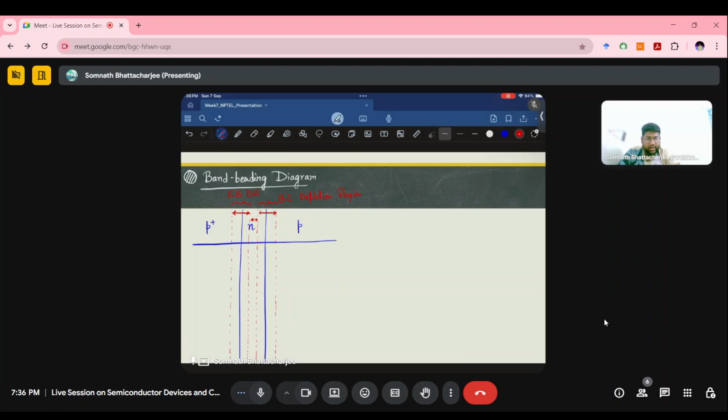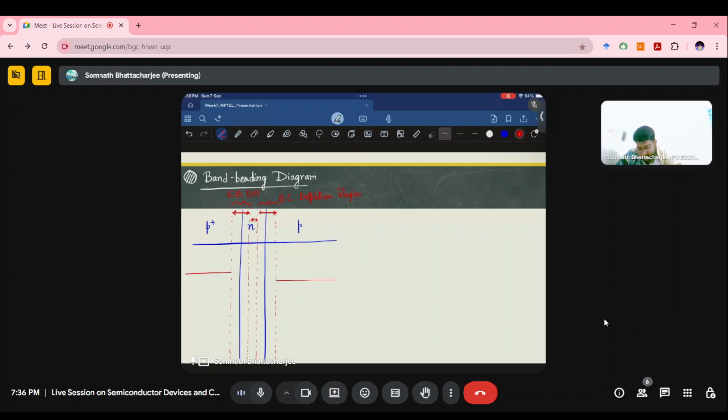Now, as we know the energy levels are here, as this is a p plus doped part, let's assume that the energy level is here. As this is a moderately doped one, there will be a bit lesser energy in this case.